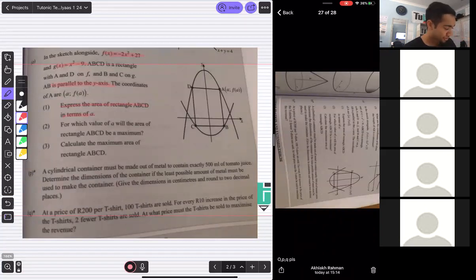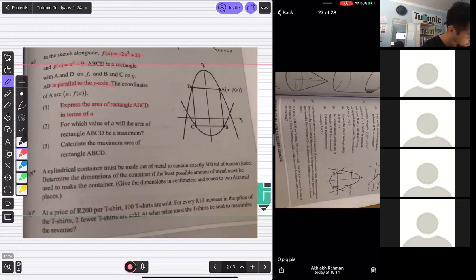So what's the area of a rectangle in English? Mathematically. Length times breadth. Length times breadth. So it's this distance. So we can call this distance maybe, because they're using all those letters, E and G. Okay. So we need to find an expression for this.